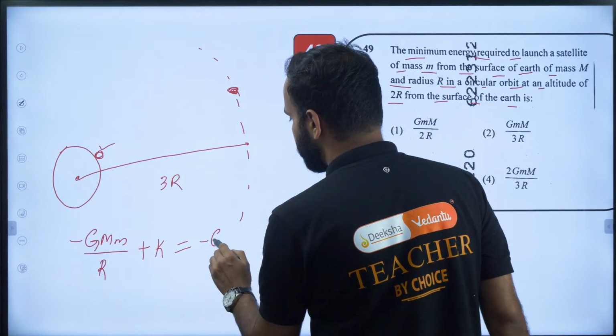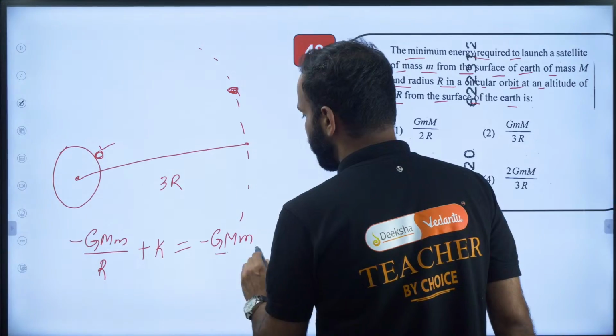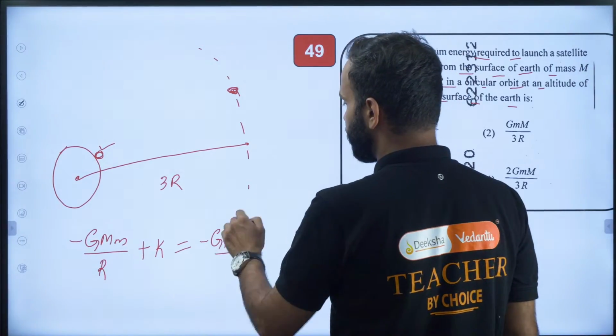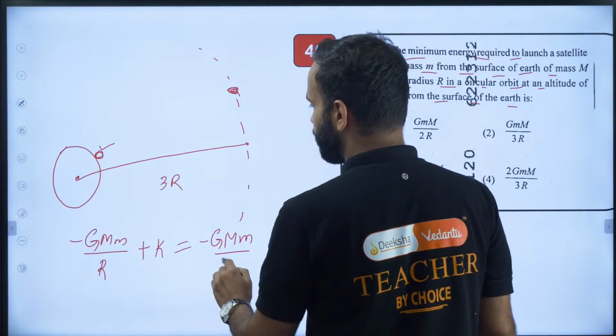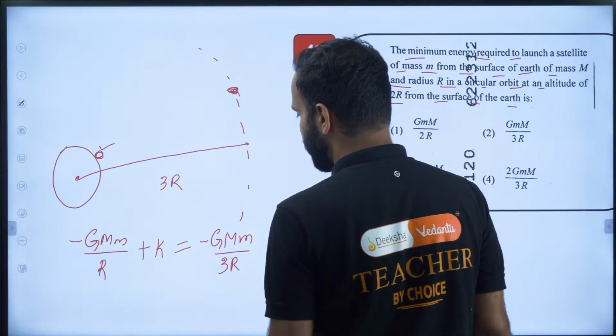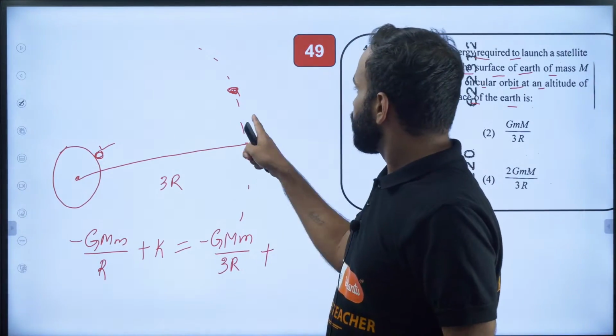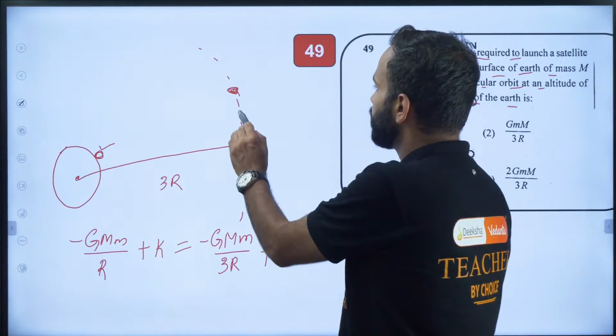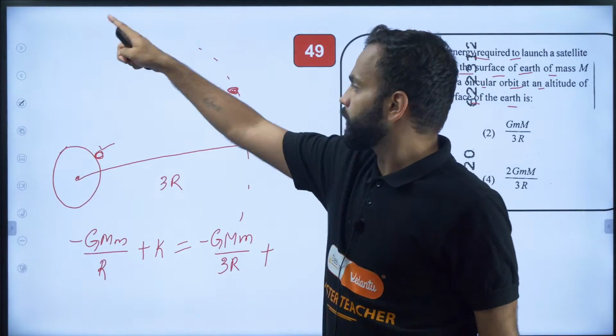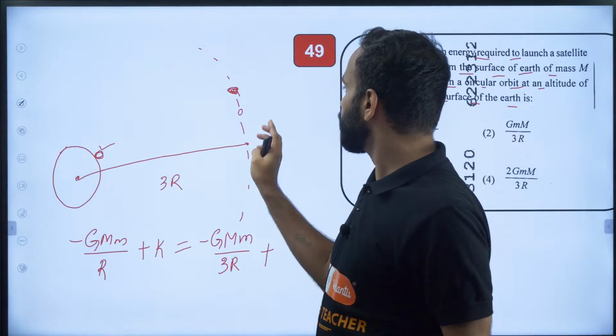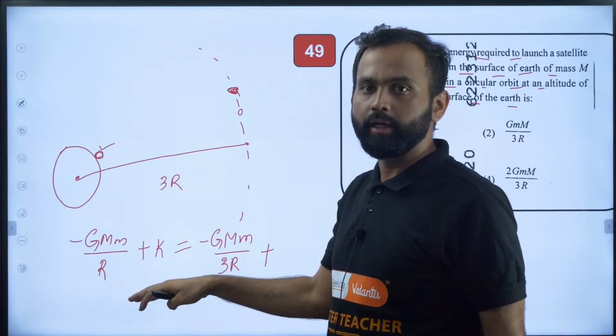So that will be minus GMm divided by, what is the distance here? This will be 3r, right? 3r plus, so when the satellite comes to this orbit, what happens? It will start to rotate, or it will start to move along this orbit, isn't it?